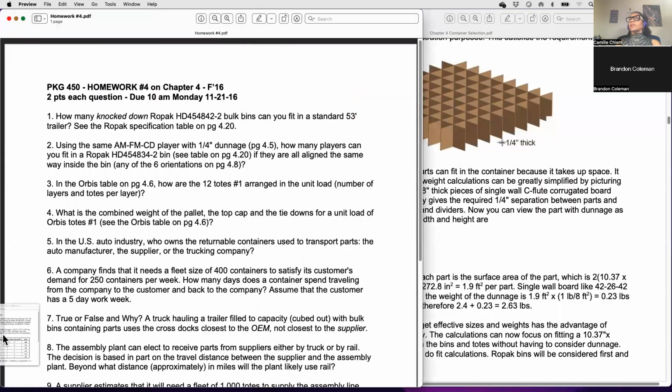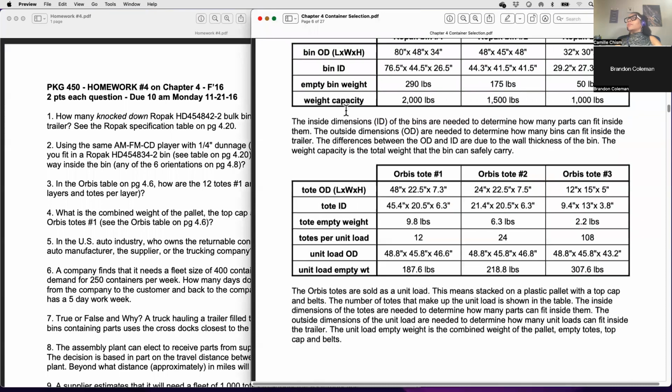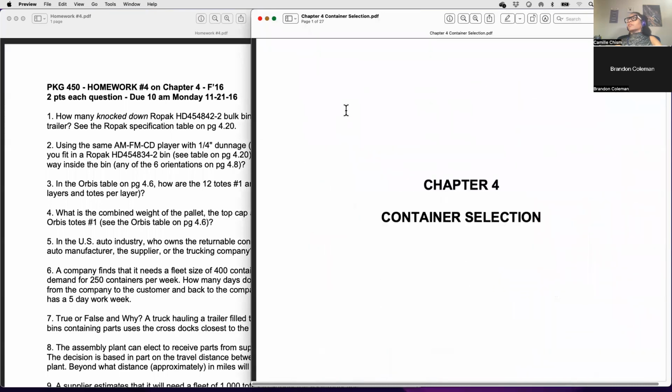Okay, so you're seeing where it says packaging 450, chapter 4. Yep. And then you see the dunnage. Mm-hmm. Okay, you don't see all my emails and stuff up on the other screen. No. Okay, good.